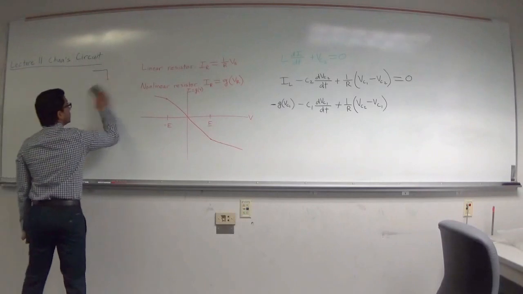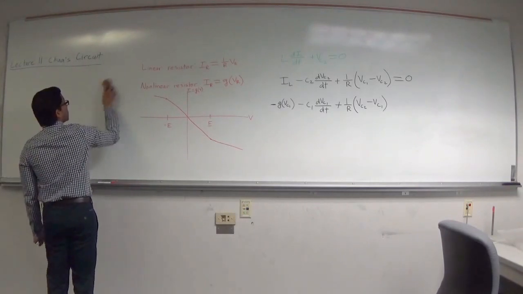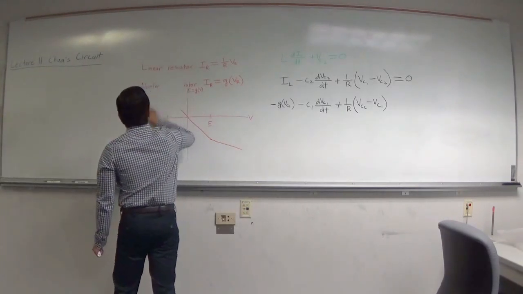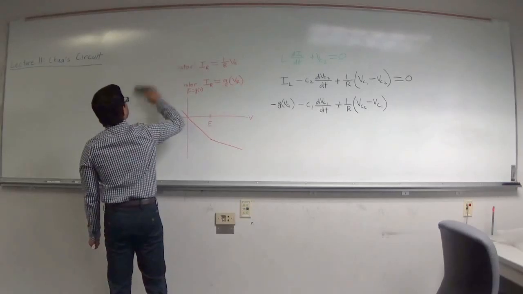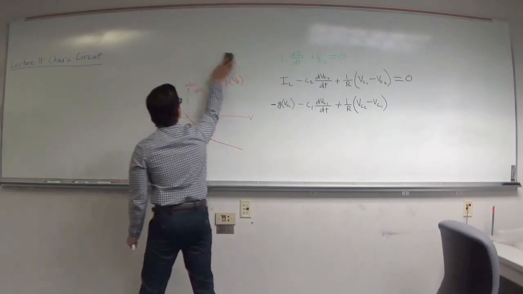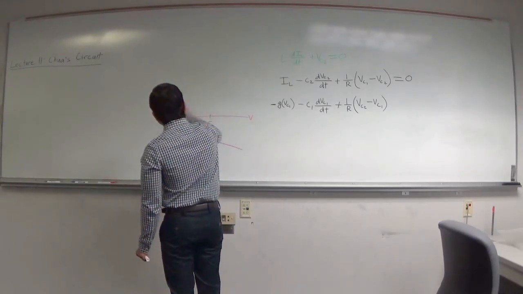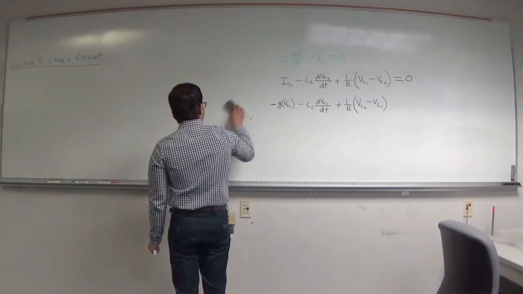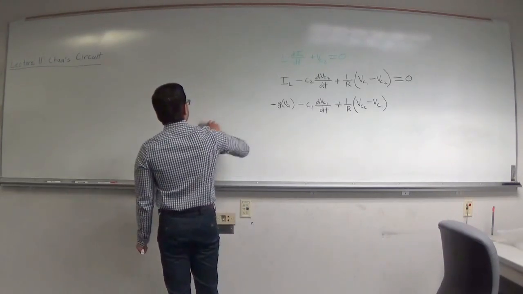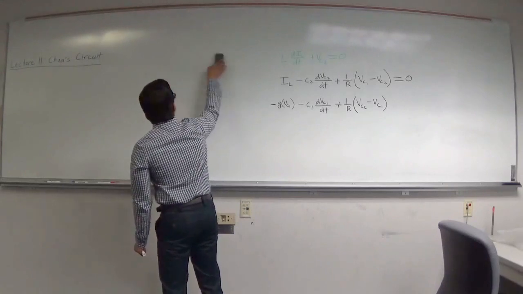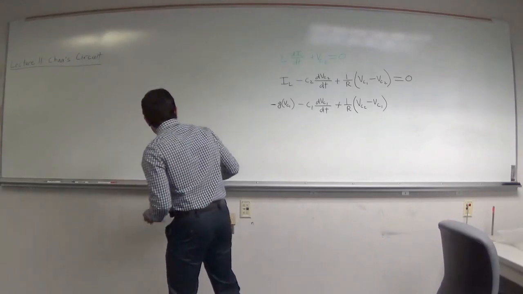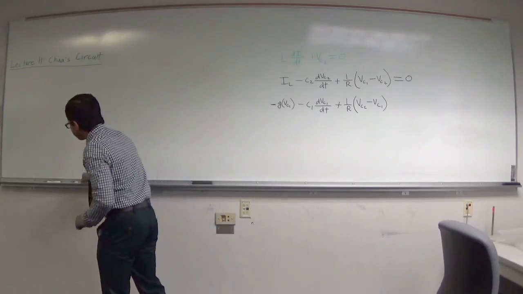So in recent years, people have taken the Chua circuit and they've implemented NOR gates, and they've also implemented the RS flip-flop. So let me tell you something about NOR gates and the RS flip-flop then.